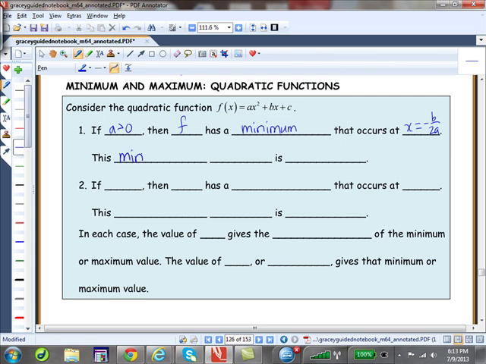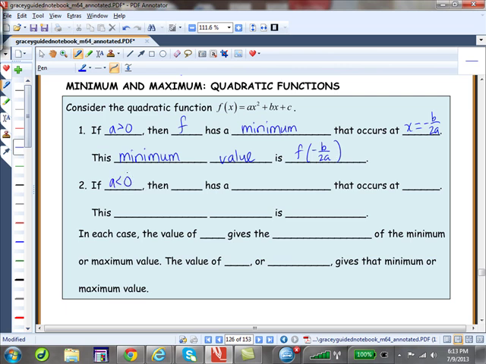This minimum value is the function evaluated at negative b over 2a. So it's that y-coordinate. So if you're asked where it's located, you give the whole ordered pair of the vertex.